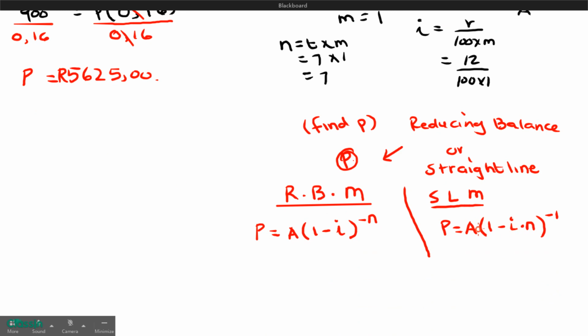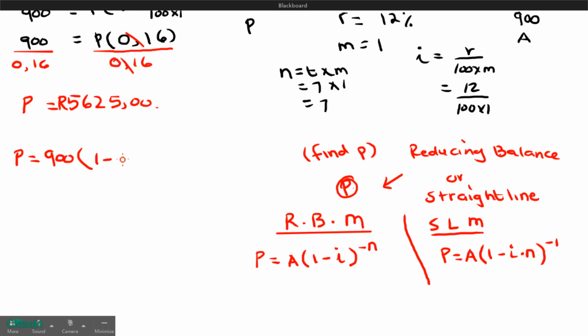So now let's just check. We said that we are looking for P is equals to, our A is 900, 1 minus our I is 12 over 100 multiplied by 1 multiplied by 7, close bracket, to the power negative 1.